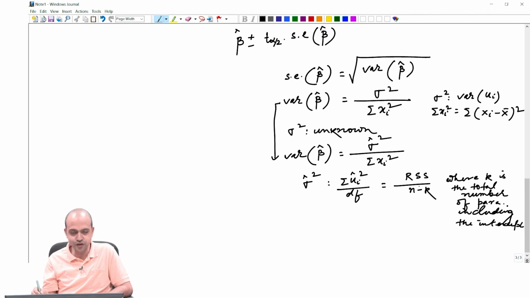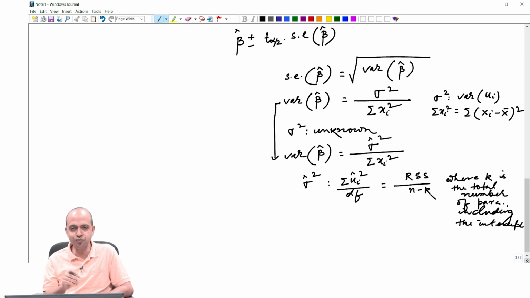And why the degrees of freedom for RSS is n minus k, that we have discussed in our previous class when we were talking about the ANOVA table. If you go back to our previous lecture, to that particular section, we have clearly explained what is the degrees of freedom for TSS, what is the degrees of freedom for RSS, and what is the degrees of freedom for ESS.